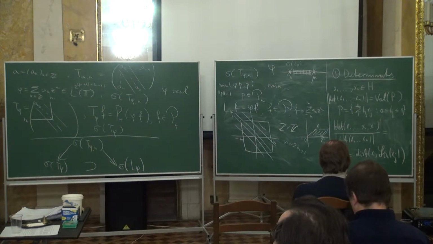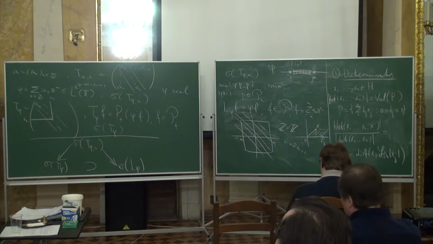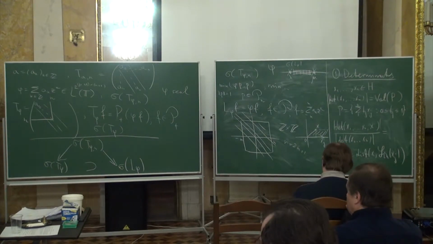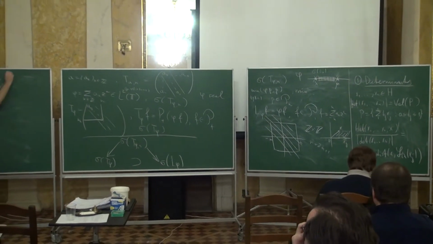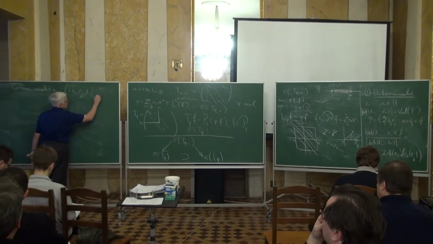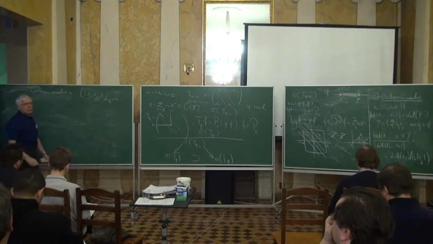And what happens if we go to the Gram matrix? The Gram matrix of the system xj is just the scalar products xi xj, from 1 to n.